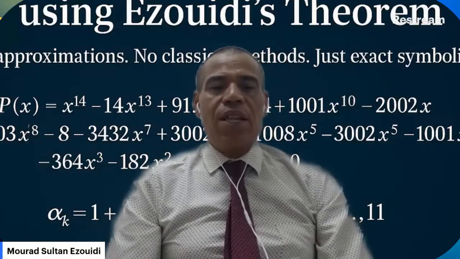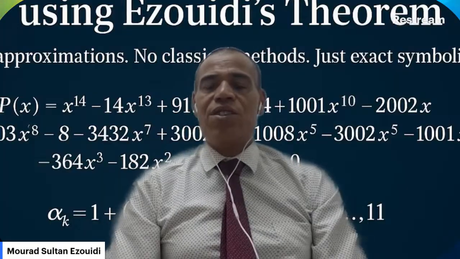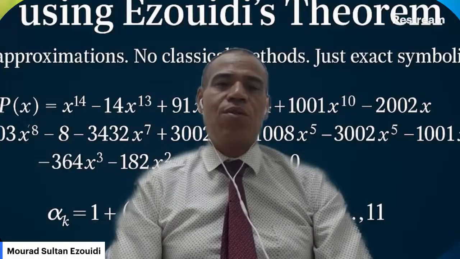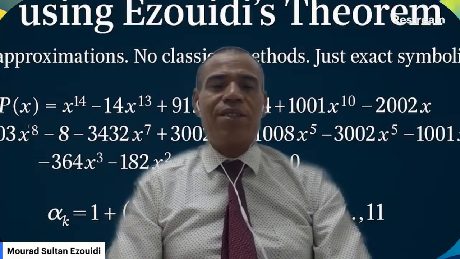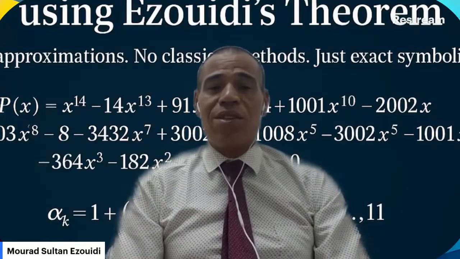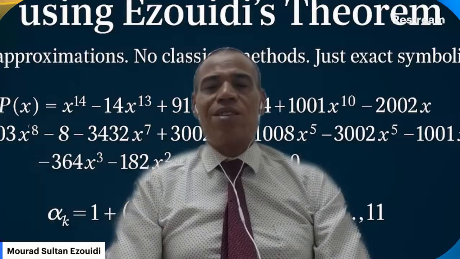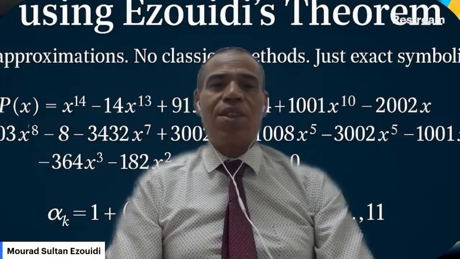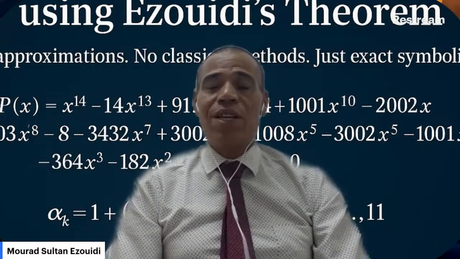My professors, this explanation should provide a solid understanding of the challenges classical methods face when solving high-degree polynomial equations, and how Ezouidi theorem offers an optimizing alternative. My method, based on the multiple Ezouidi theorem, excludes all the classical methods, including Abel's theorem, which states that certain polynomials cannot be solved using radicals.